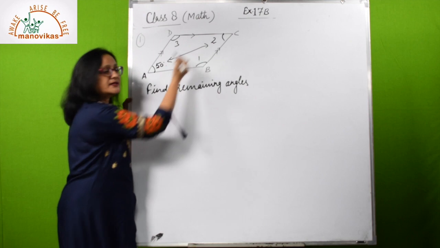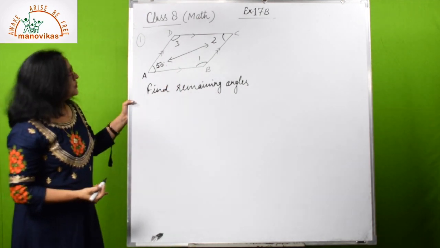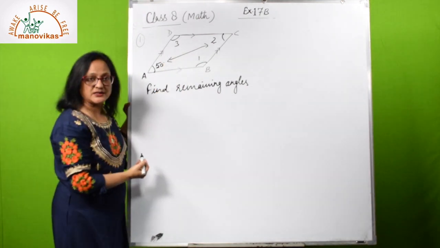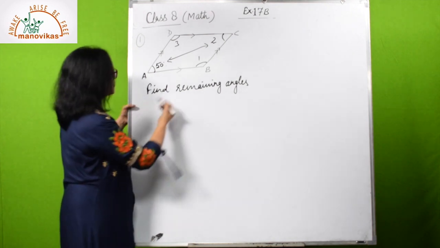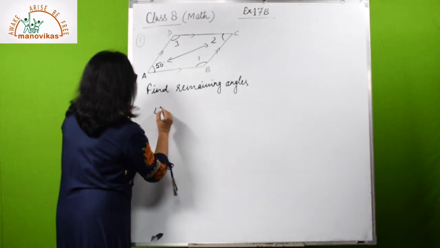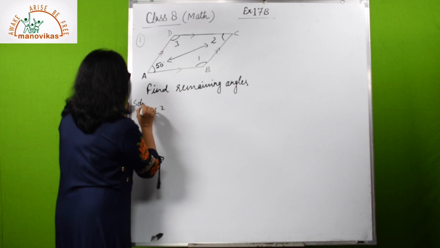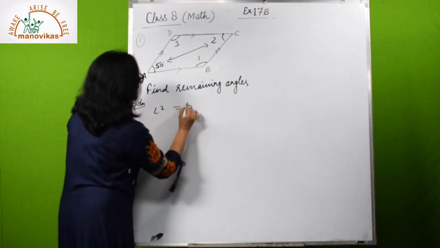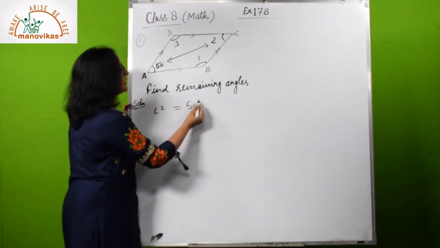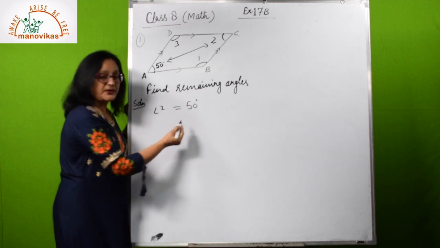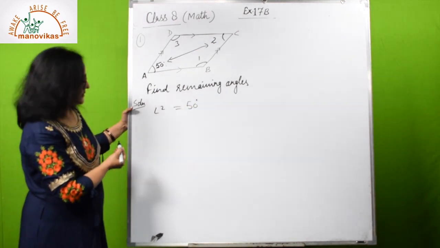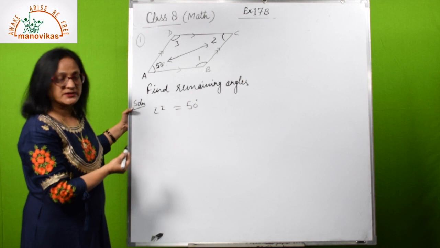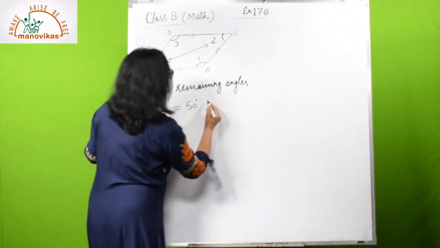So first we are taking the connection with angle 2 because these are opposite angles, so they will be equal. So here we will use angle 2 is equal to 50 degrees. Why have we taken 50 degrees? In geometry, everywhere when you are taking the result, you have to mention that. So why is angle 2 equal to 50 degrees?